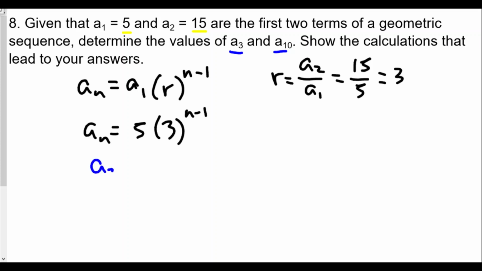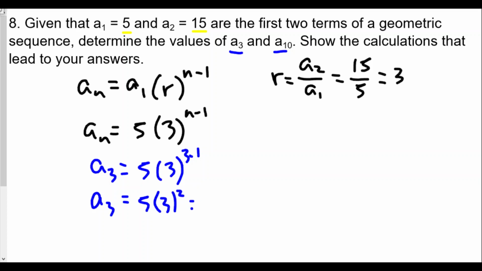So A3 is equal to 5 times 3 raised to 3 minus 1, which is 5 times 3 squared, that's 5 times 9. A3 is equal to 45. That's not so bad. And we could have just figured out the R value is 3, and 15 times 3 is 45.